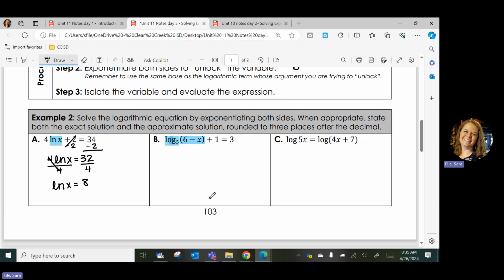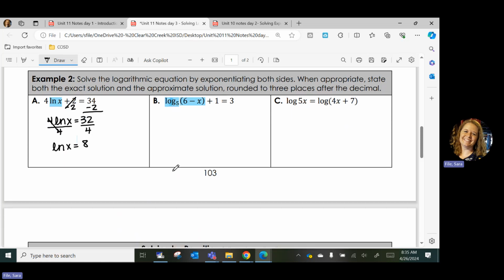That's step 1, isolate the log expression. I've got the log expression by itself. Now, step 2 is to exponentiate. So whatever the base of the log is, we're going to write the left and right side as powers on that base. What is the base of a natural log? What did we say earlier in the notes today? If it's a natural log, it's an understood base what?